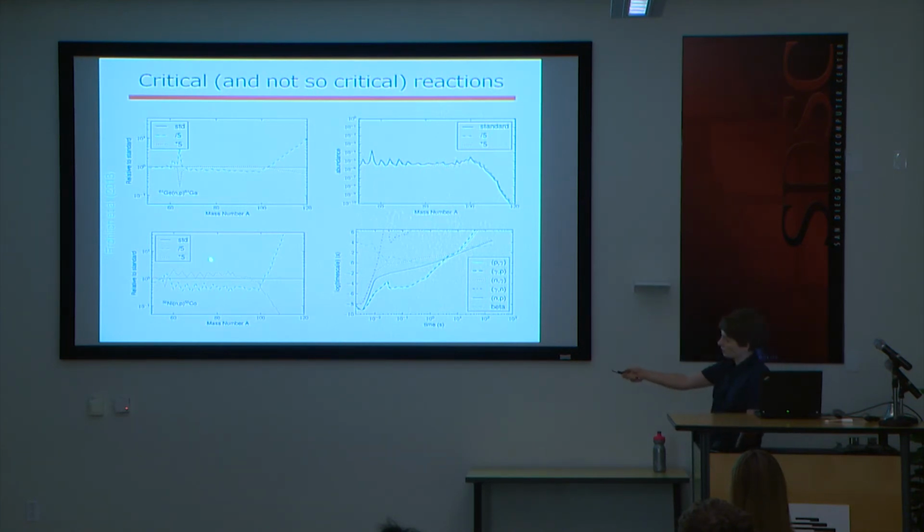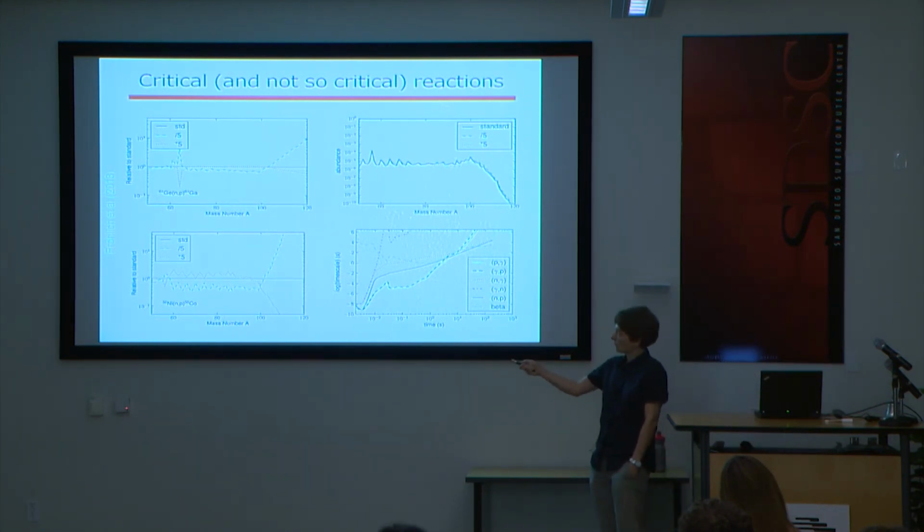So here you can say if you change the rates by factor 5 up or down, you pretty much change the abundances in the whole range. So these plots start at a mass number 56, so right at the nickel. Pretty much everything heavier than nickel you'll change, and it's affected by changes in this rate. The reason is you need neutrons on germanium-64 for the new P process to start.